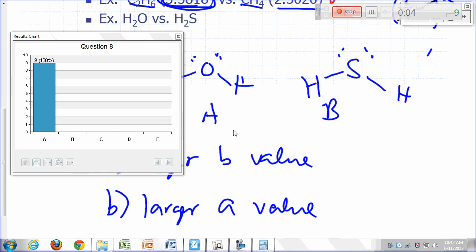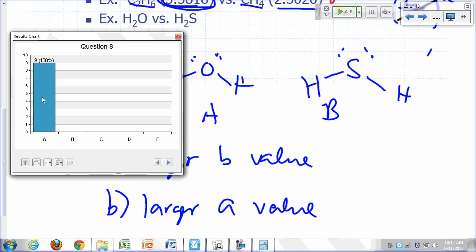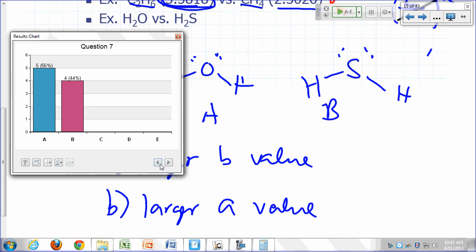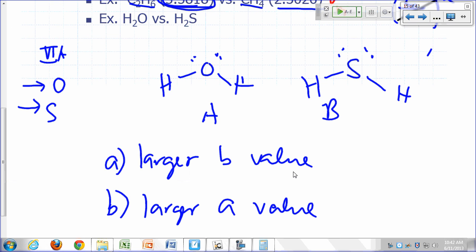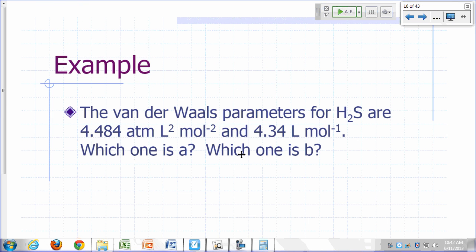Okay. Which one would have a larger A value? Instant response, very good. That's water, it has a larger A value because of hydrogen bonding interactions. Okay? All right.